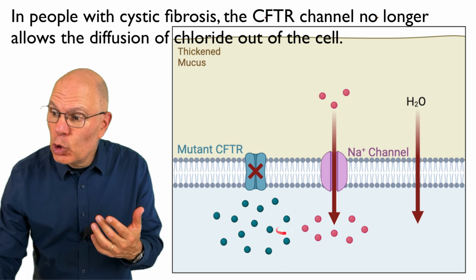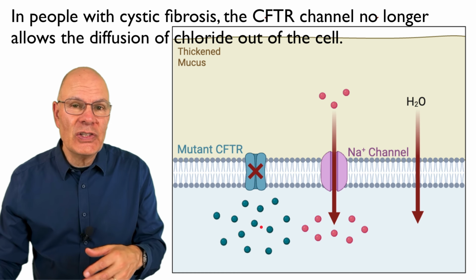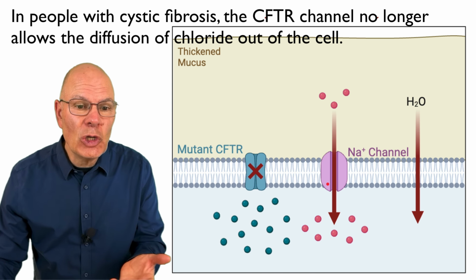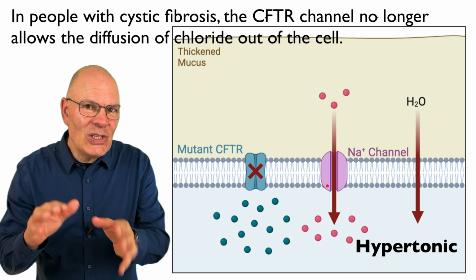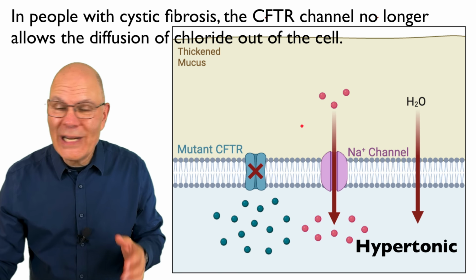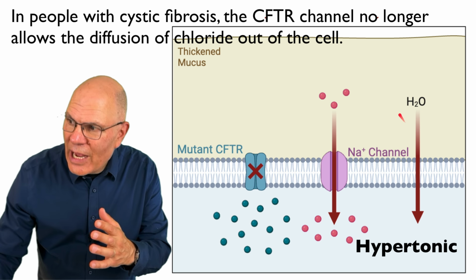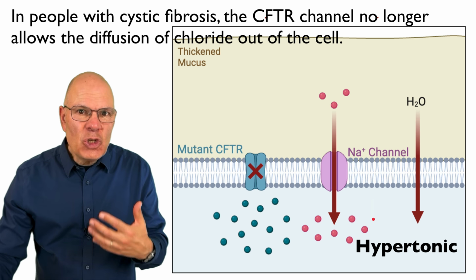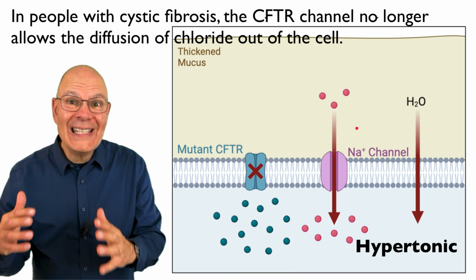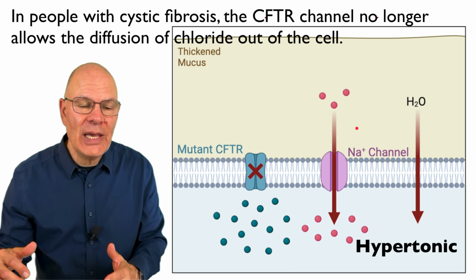That traps the chloride inside the cells, and that in turn draws sodium ions through a sodium channel. Now the inside of the cell is extremely hypertonic to the fluid outside of the cell, and that draws water into the cell. Well, what that does is it essentially dries out the fluid outside the cell.